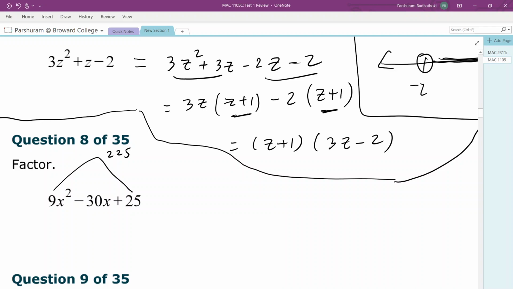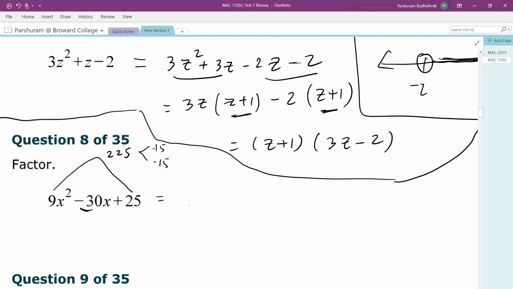So when we try to find the factors of 225, it's 15 times 15, or negative 15 times negative 15. So I'm using negative 15 times negative 15 because the sum of negative 15 and negative 15 is negative 30.